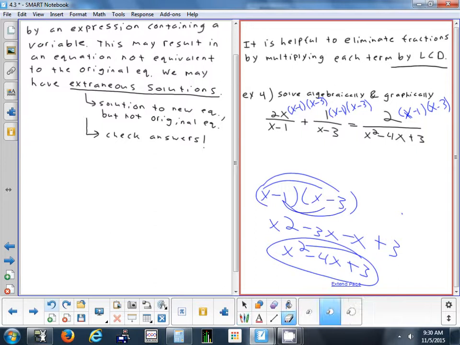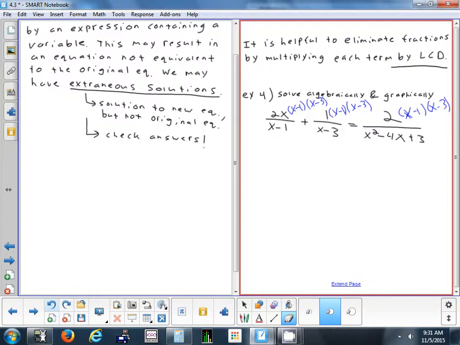Now we've multiplied every fraction by this denominator and that denominator. So what would cancel out in the first fraction? X minus 1. What would cancel out in the second fraction? X minus 3. And what would cancel out in the third fraction? Both.